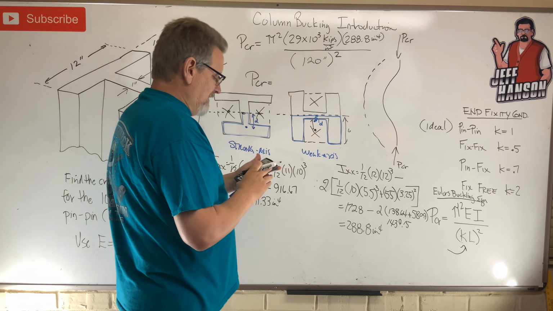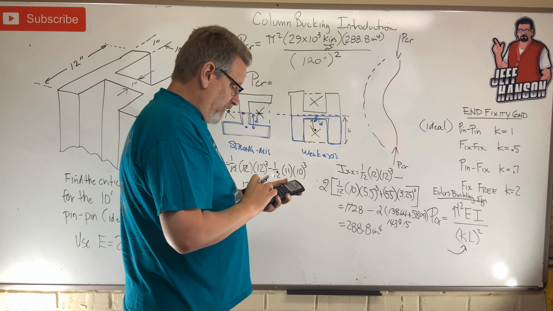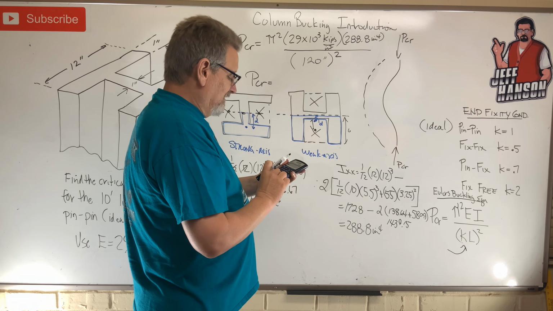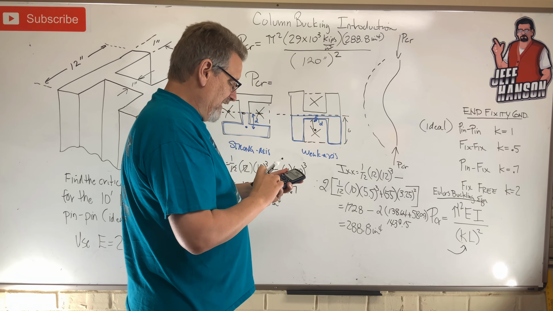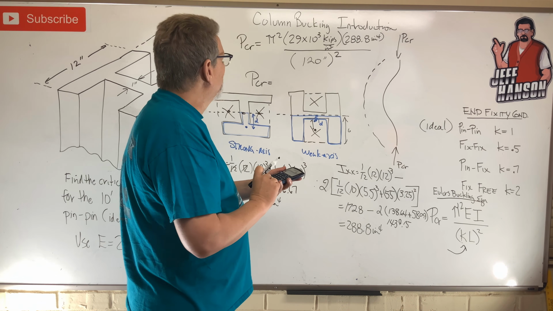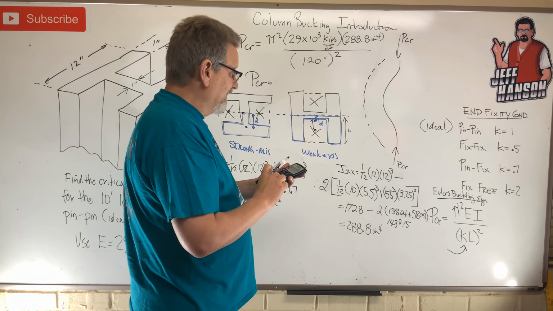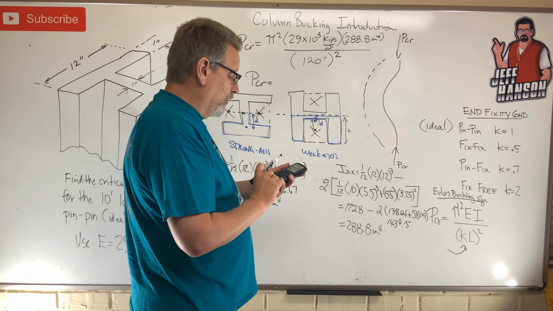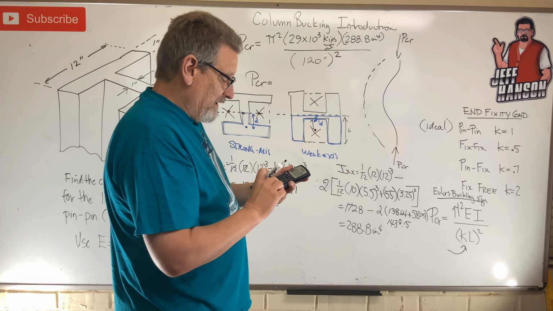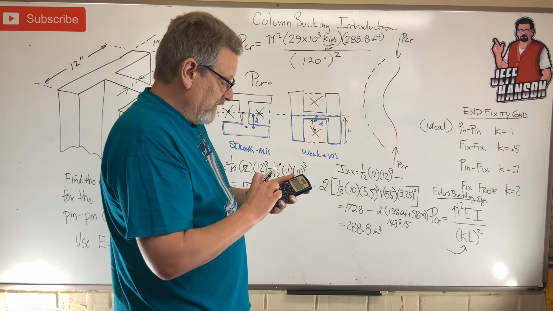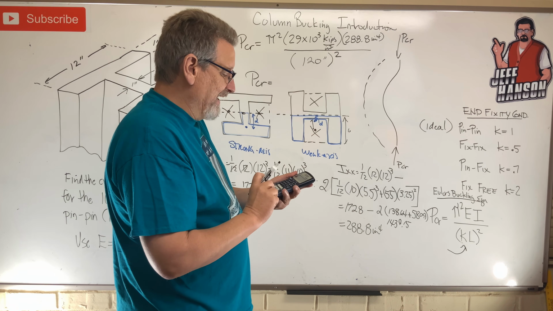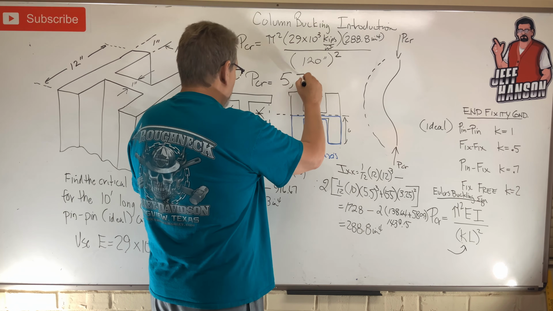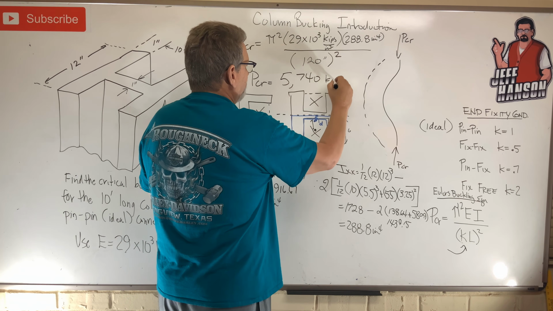Let's see what we get, gang. Here we go. 3.14159 squared times 29,000 times 288.8 divided by 120 squared equals, bam, 5,740 kips.